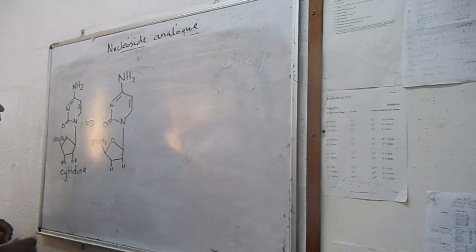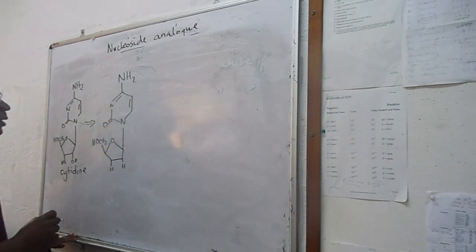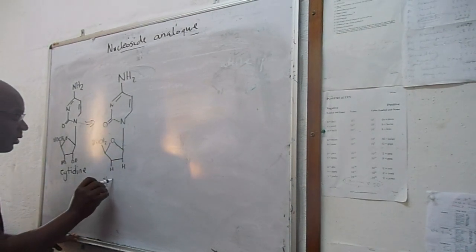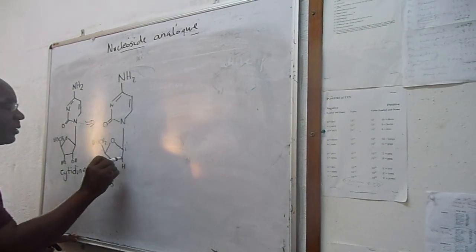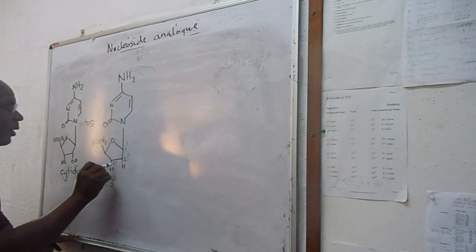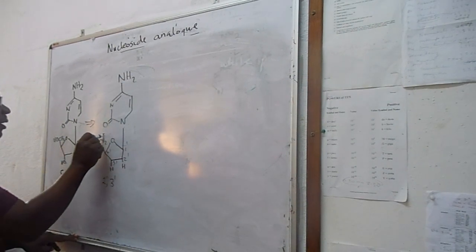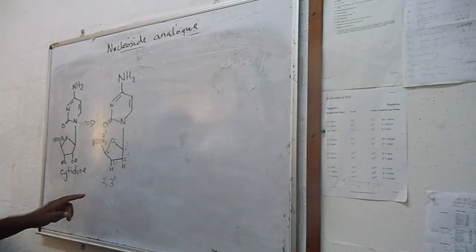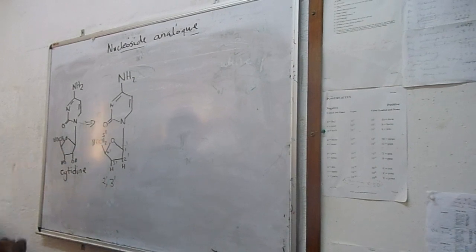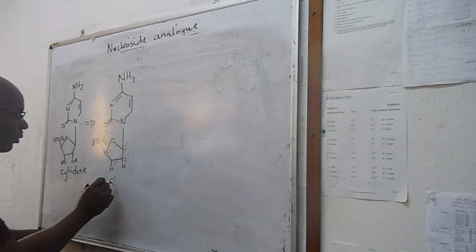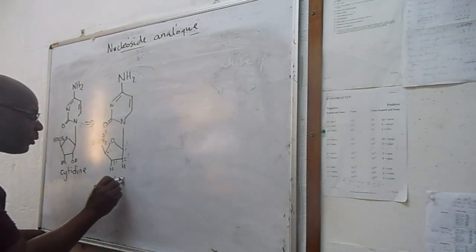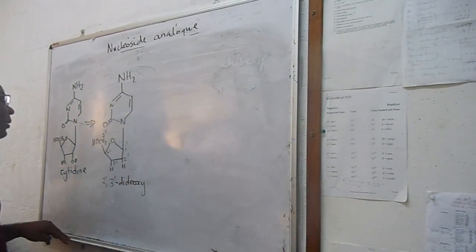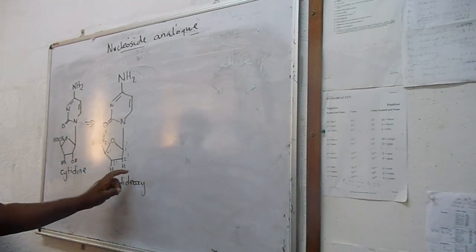Okay, so what we have produced, we would say at 2' and also at 3'. Remember, 1' is here, 2' is here, 3' is here, 4' is here, 5' is there. So at 2' we have removed the oxygen. At 3' we have removed the oxygen. So we'd say 2' 3' dideoxy, that's a prefix.